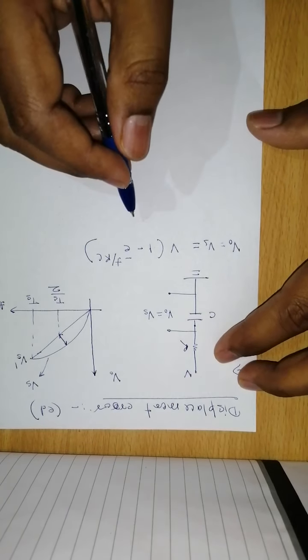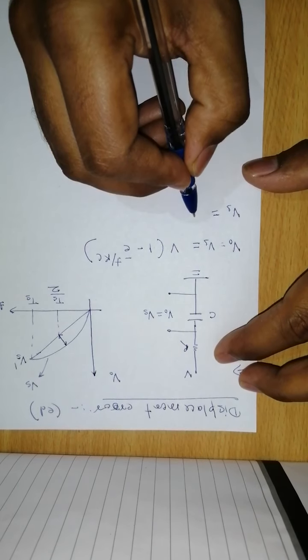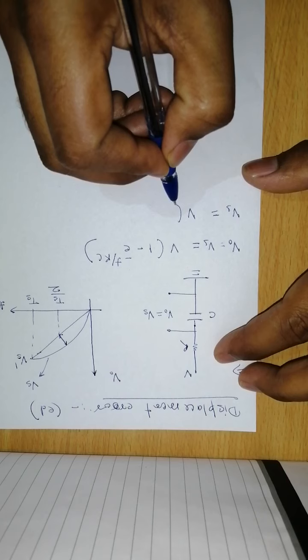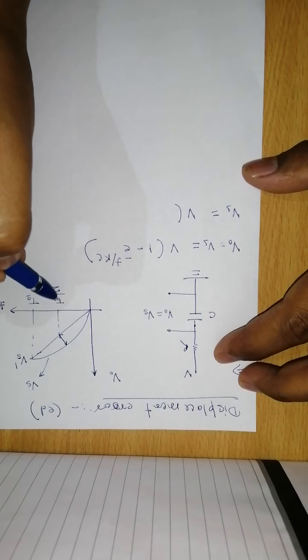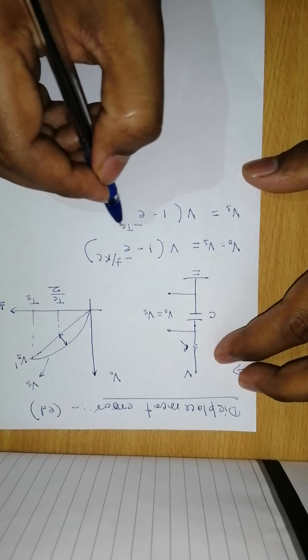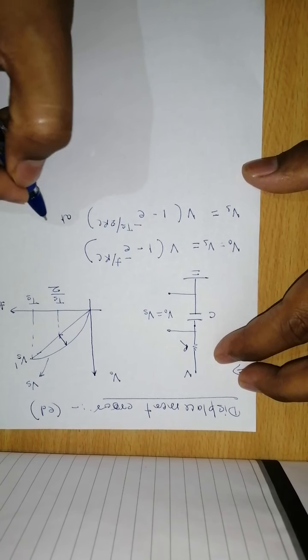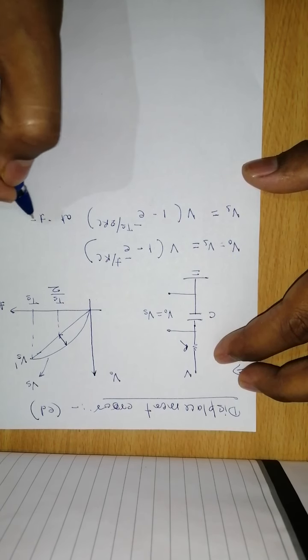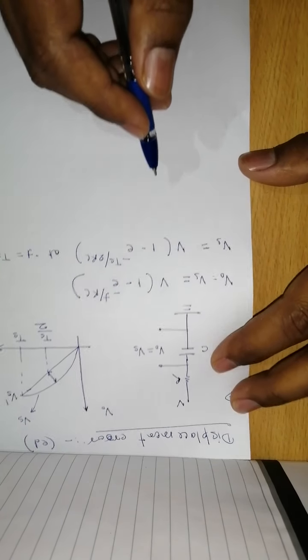We have already discussed this many times. Now if we want to calculate Vs, it will be V times 1 minus e to the power minus Ts by twice RC, at t equal to Ts by 2.